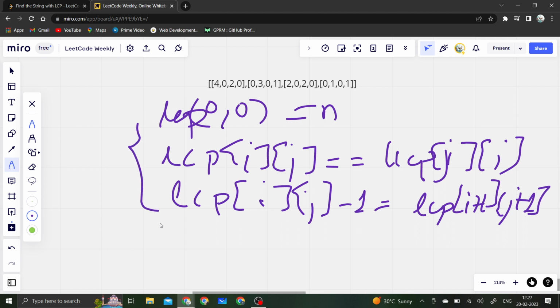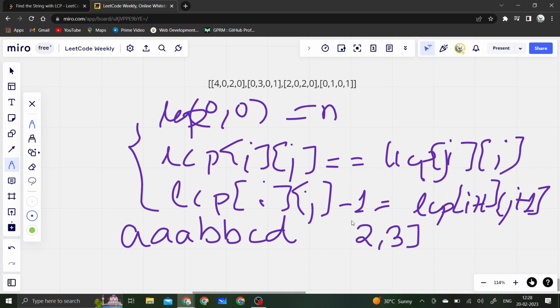Now let's check for what other condition we will not be able to form the string, right? So if we consider two strings, let's take this case only. Let's say we have a b b c d, right? Now we are considering LCP of 2 comma 3. Okay, let's consider it 1 comma 2.